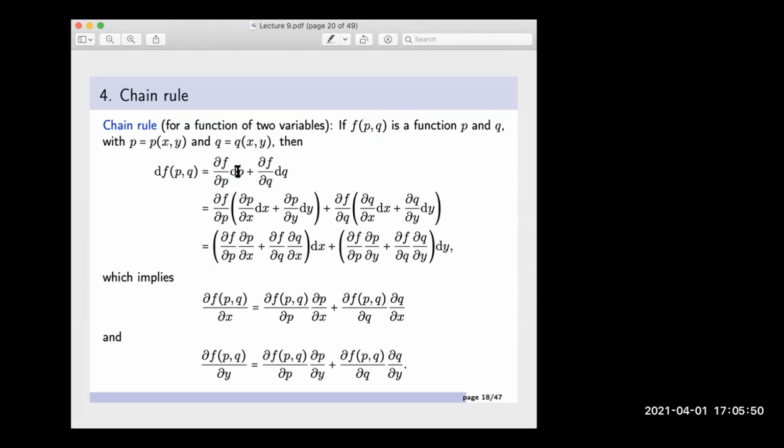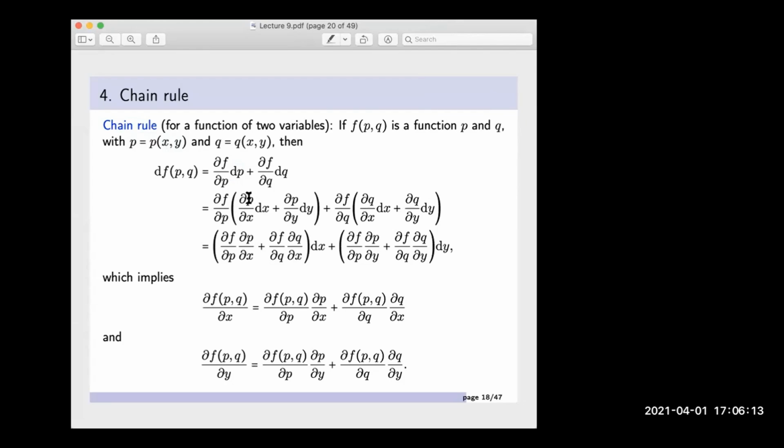What's the change of p? Because p is actually a function of x and y, right? If p is a function of x and y, then the change of p would be due to change of x and change of y. So dp actually equals the two parts in the bracket here.